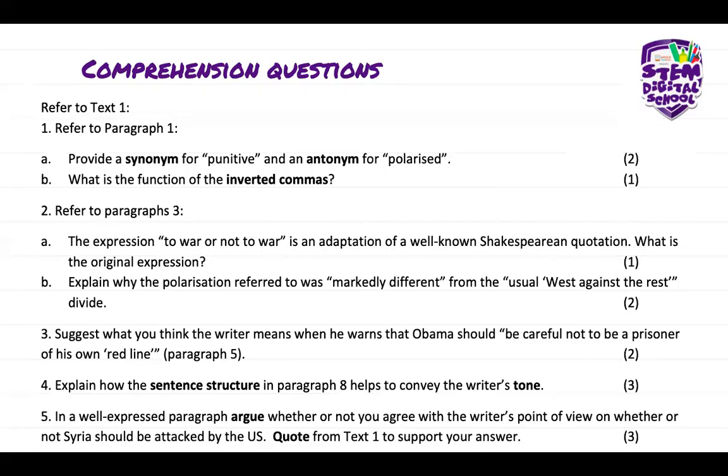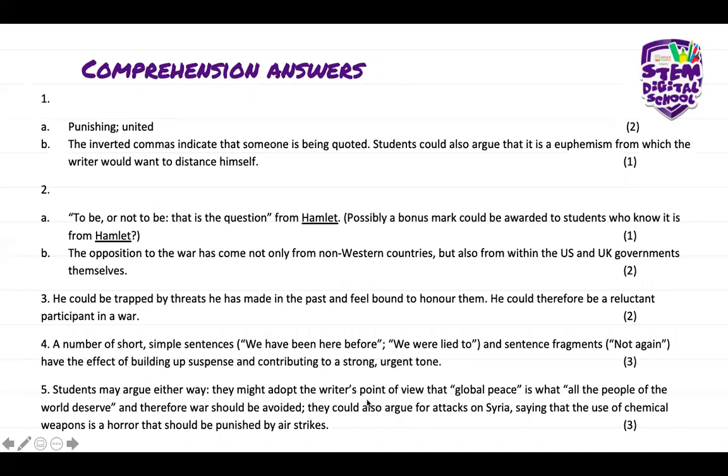Quote from text 1 to support your answer. Let's see. Remember, again, this is what we call an open-ended question. So the answers will definitely vary.